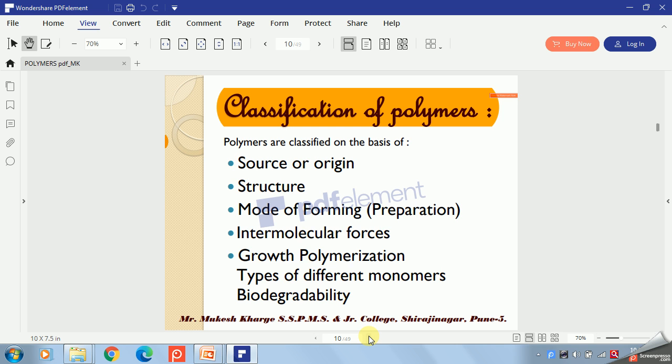Now next is the classification of polymers. So polymers are classified on the basis of first source or origin. In this type, how we obtain that polymer depends on their origin or source. Second is, what is the structure of that polymer, on that basis we can classify them.